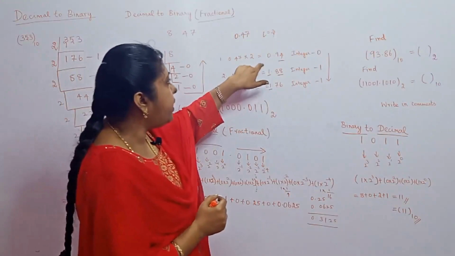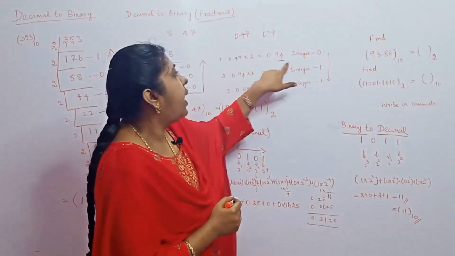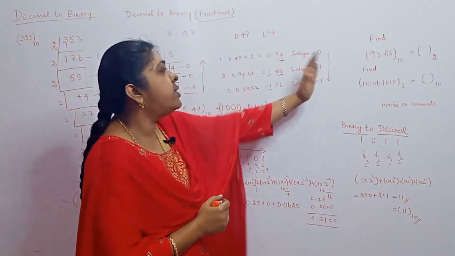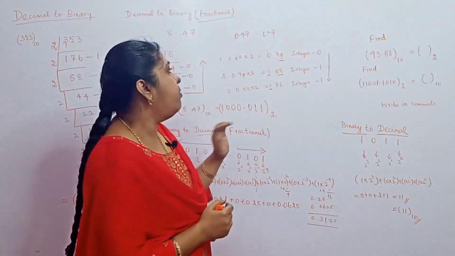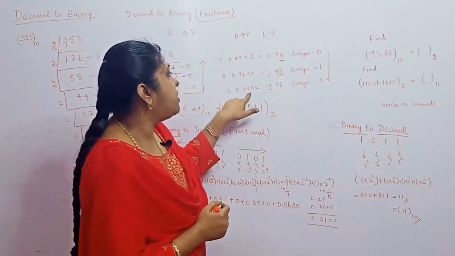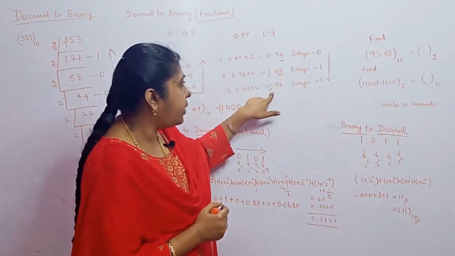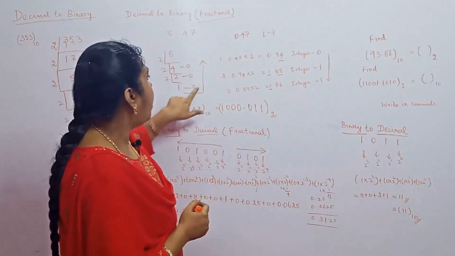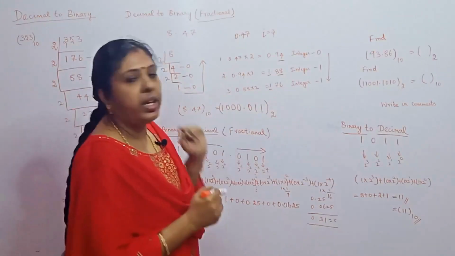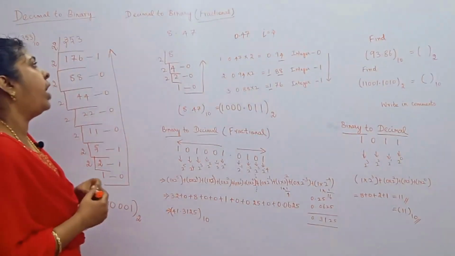The whole number integer part is taken here and again the fractional value is multiplied by 2. Only the integer values we are segregating. Again 1.88, integer value 1, again 0.88 is multiplied and the integer value is 1. 1000 dot 011, we have attained the binary value.